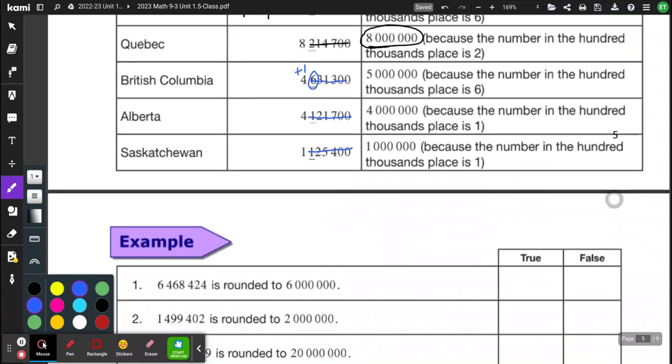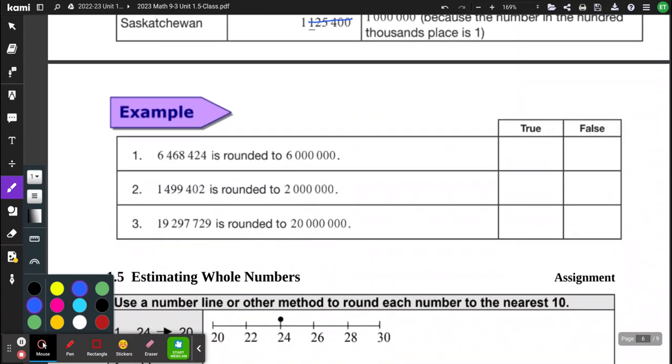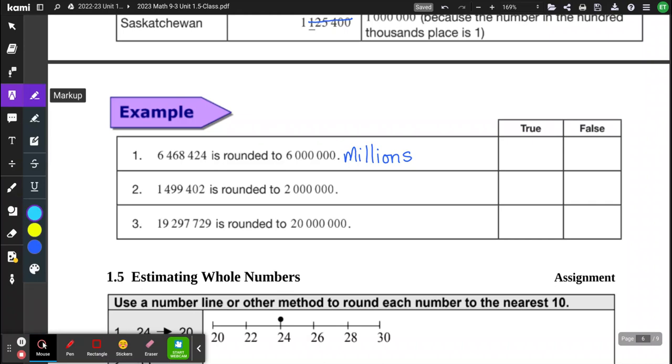We've got 3 true-false questions to finish our lesson. So these ones are rounding. This one is rounding to the millions. We need to see if this guy rounded correctly. So if I'm rounding to the millions, that means I want the 6, and I need to see if the 6 is going to change.